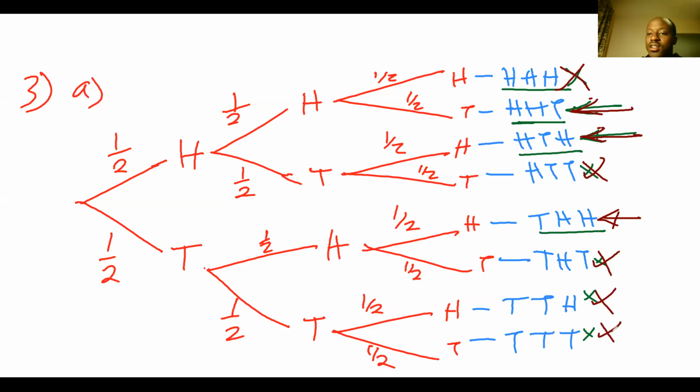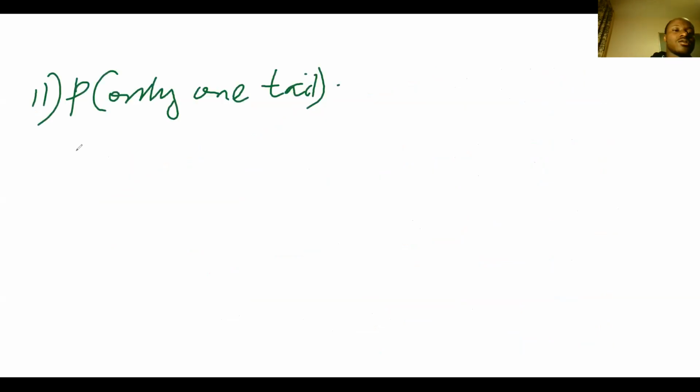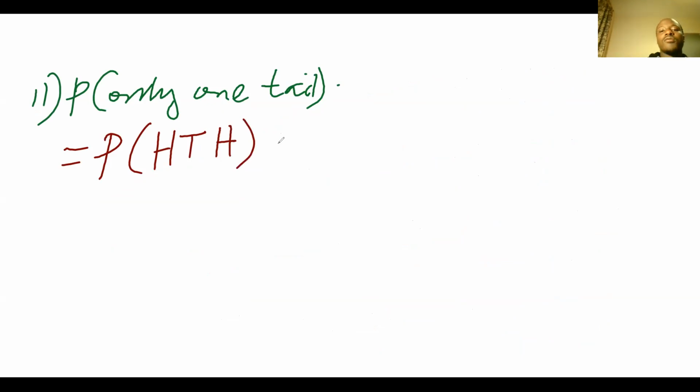So we can write it as probability. Sorry. So this one will be the probability of getting our head. Just follow that order in which they are on my diagram.